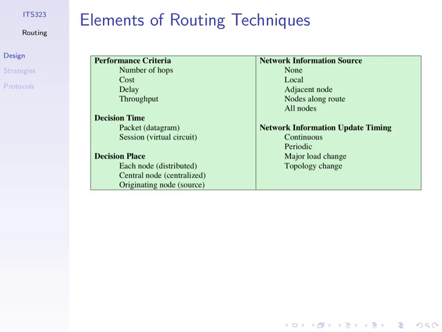This may be two nodes in the same city, and there's a cable connecting them. And that link has some characteristics. For example, it may have a data rate of 10 megabits per second, and it may have a typical delay, the delay of sending a packet or the propagation delay across that link.